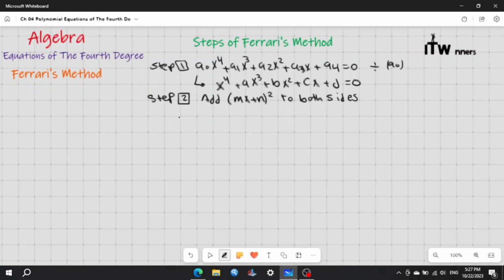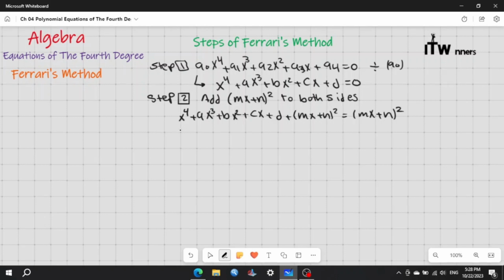So let's do that. We have x power 4 plus a x cubed plus b x squared plus cx plus d, plus (mx plus n) squared, equal to (mx plus n) squared. Just let me expand this bracket.